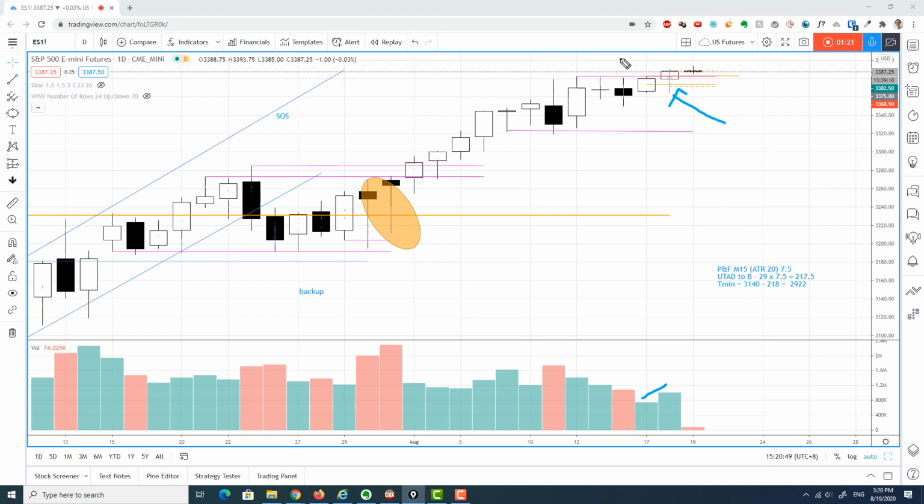Subsequently, there's a breakout of this immediate swing high resistance level around 3380, just short of a few points to hit the all-time high at, if I remember correctly, around 3397. So let's just say it's the 3400 level.